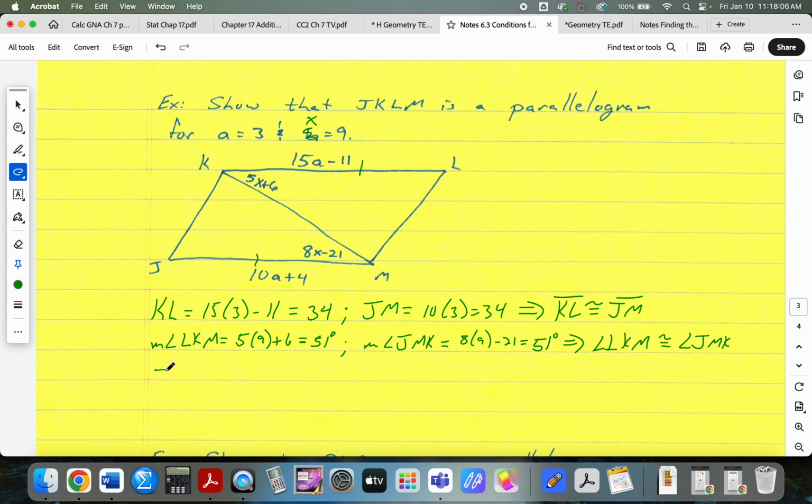And if those two angles are congruent, then what has to be true? Yeah, what's parallel? KL and JM. Yeah, KL's parallel to JM by the alternate interior angles theorem.